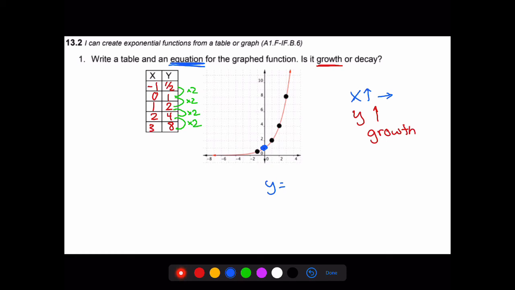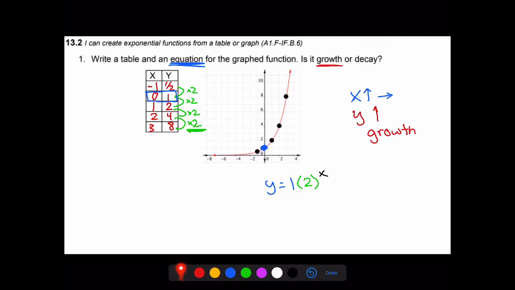So a is 1. Our b value is what we're multiplying by each and every single time. Well, we're multiplying by 2 every time, so b is 2. And then we just raise it to the power of x. And there's our function.